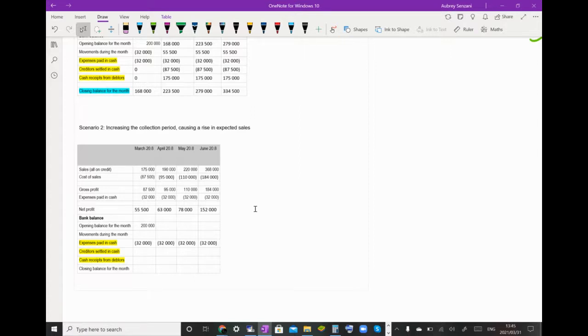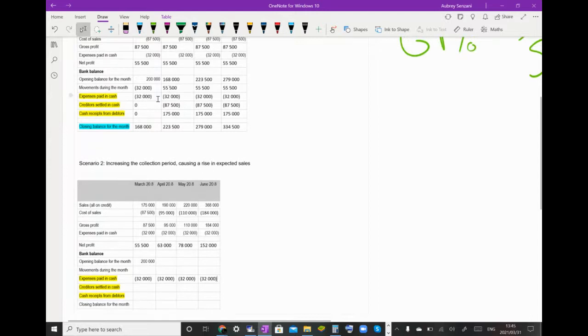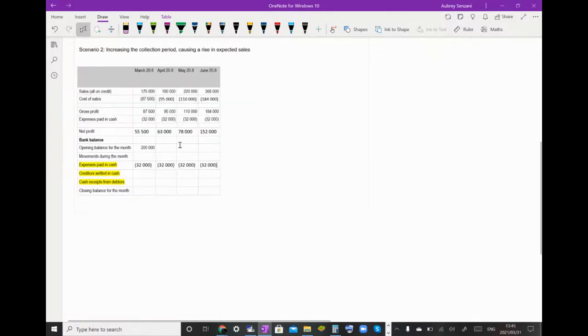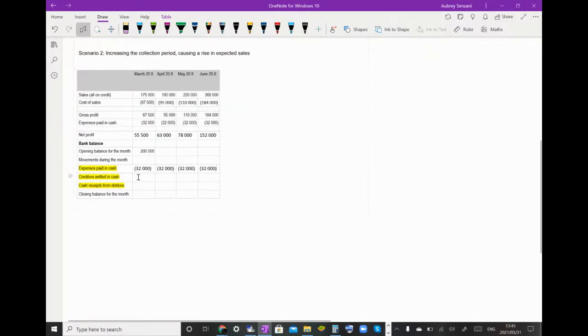Remember, when it was 30 days, we get the cash back the month after. So obviously here we're not going to be paying anything, as was the case, but here it's going to remain the same. Remember, cost of sales is our purchases.